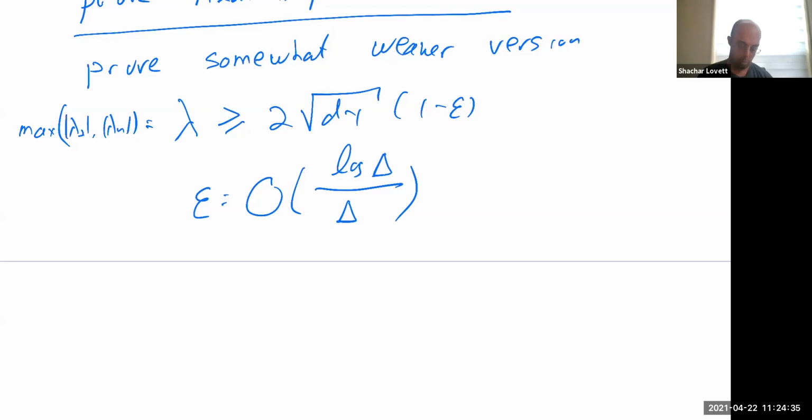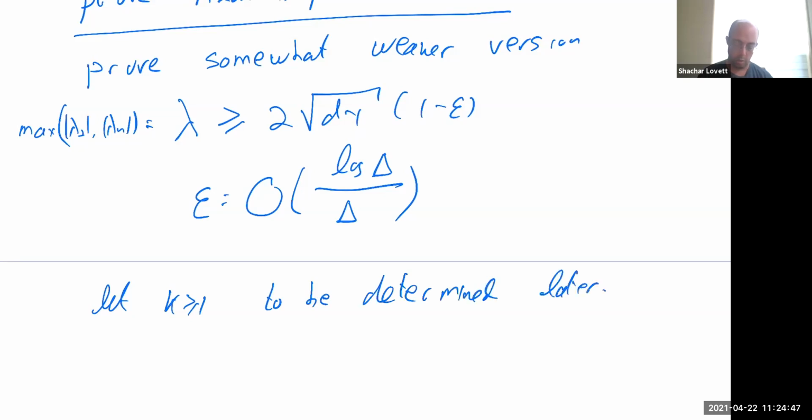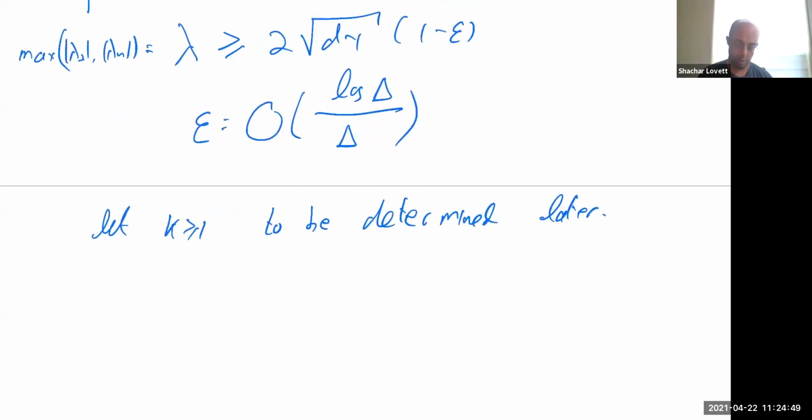So let K be determined later, and somehow the larger K is, the better control we get. And consider the matrix M. So let M be the adjacency matrix of the graph.